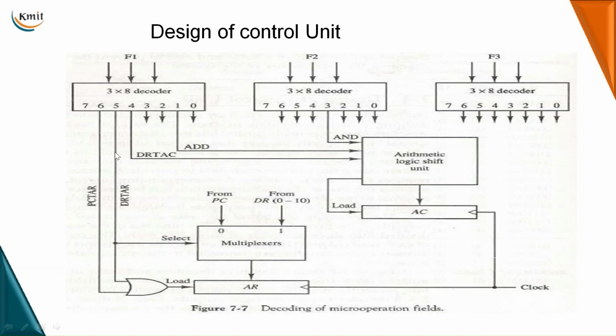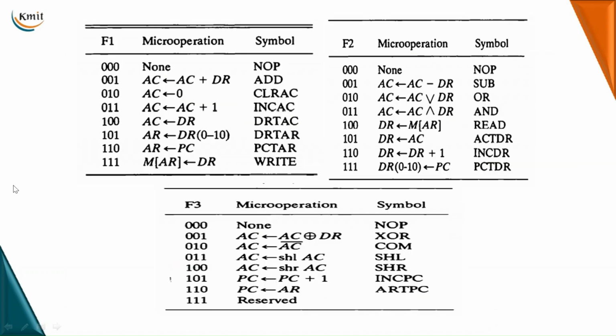So if you look at the next instruction, the output 4 of F1 is DRTAC. If you look at the table, 4 means 100, and it represents the micro operation DRTAC. So the contents of the data register are moved to the accumulator.